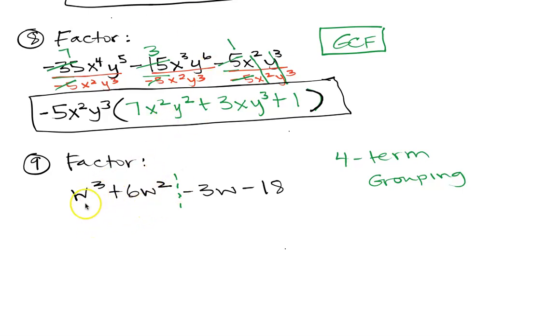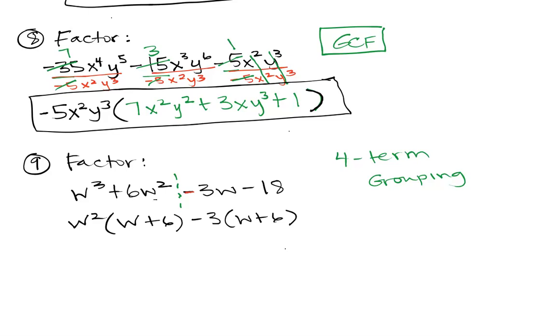So now let's just start by looking at these first two terms. It looks like w squared is what can come out. Factor out, and I'm left with w plus 6. On this one, negative 3w and negative 18. Since this is a negative right there, we want to factor that negative out like we did before. So we're going to factor out a negative 3, leaving w plus 6.